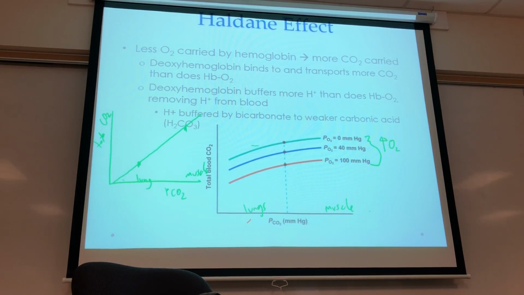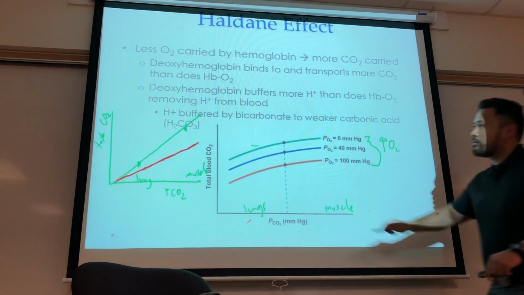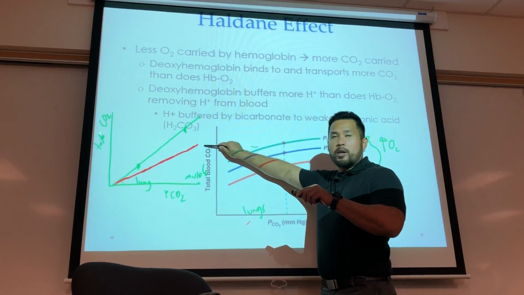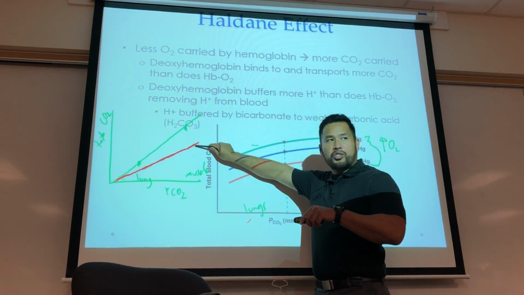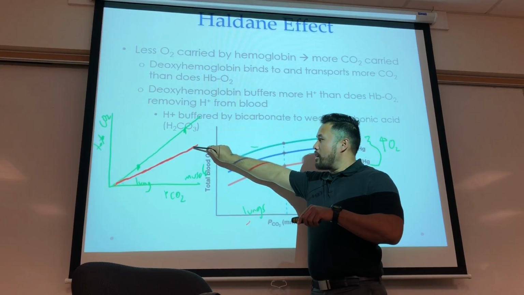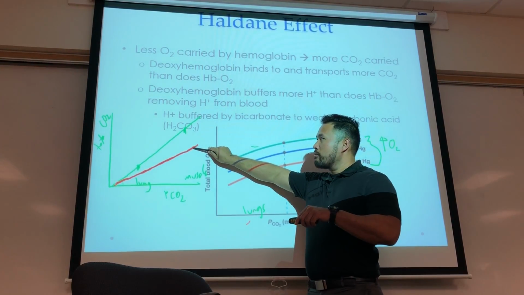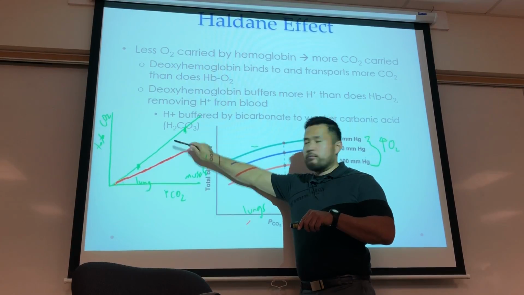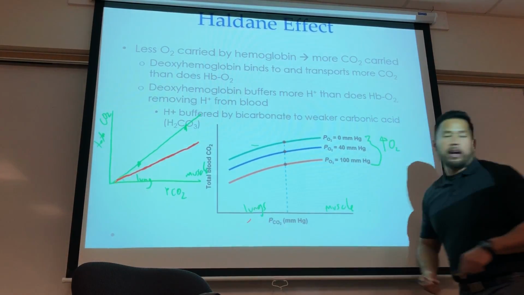And what that line looks like is this. And that should make sense. The more O2, the less CO2 in the blood. Why? Because hemoglobin is wanting to bind more to oxygen now. So if hemoglobin is bound to oxygen, there's less CO2 bound to that hemoglobin. So we expect a decrease in that.